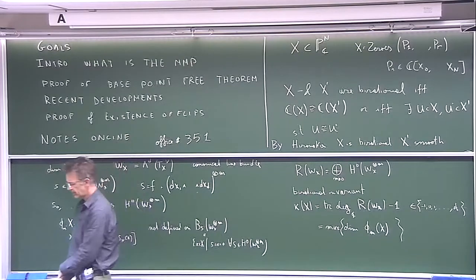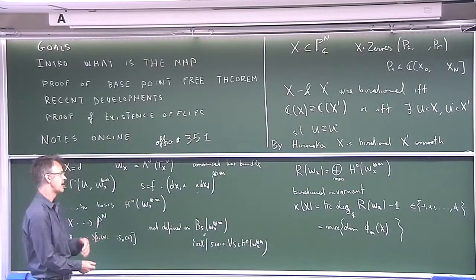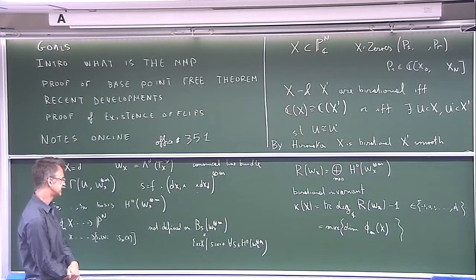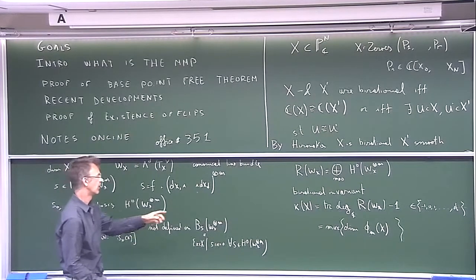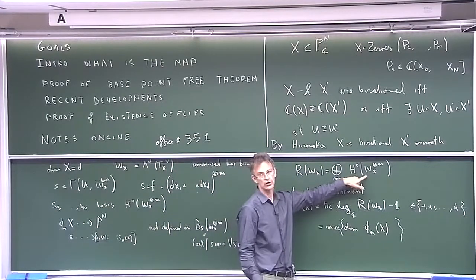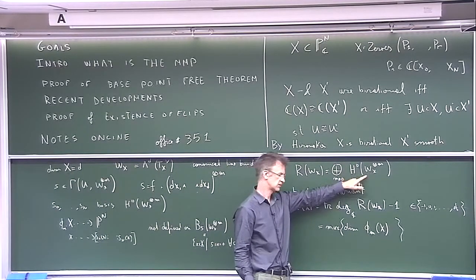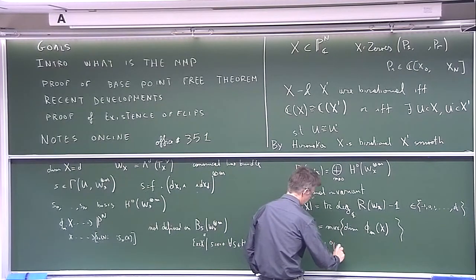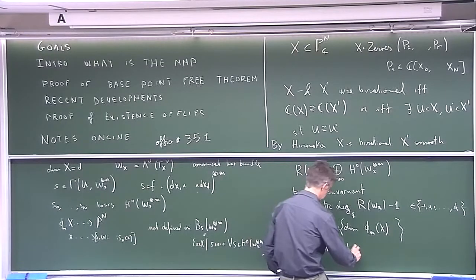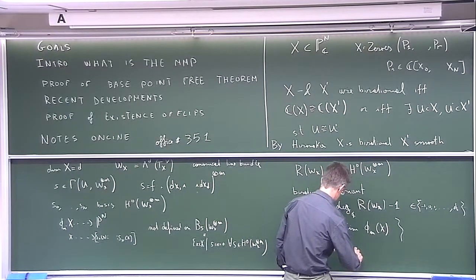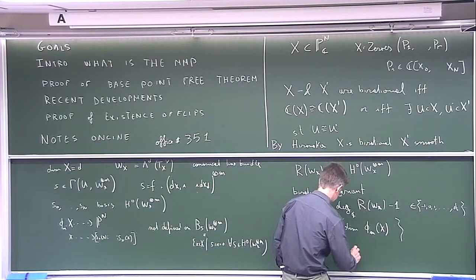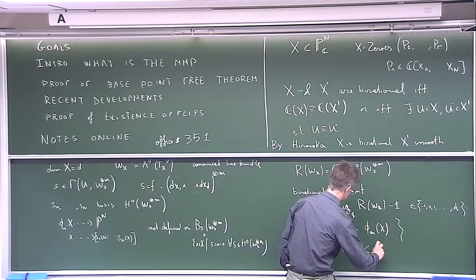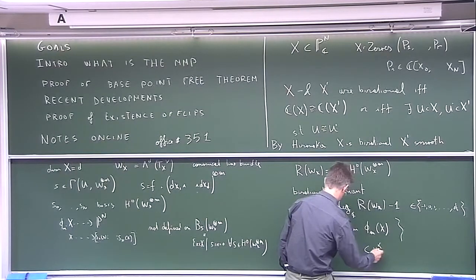Okay, so essentially, the quadratic dimension measures the rate of growth of sections of tensor powers of the canonical line bundle. Right? So another way to think of it is h0 of omega x is approximately a constant times x to the m.